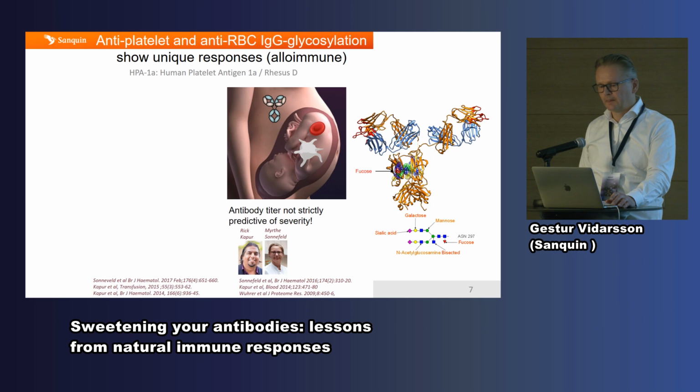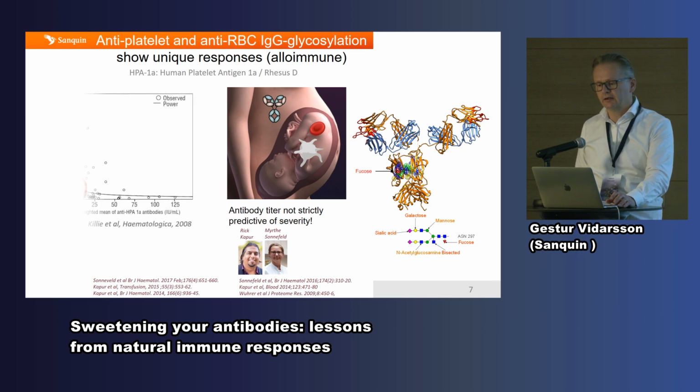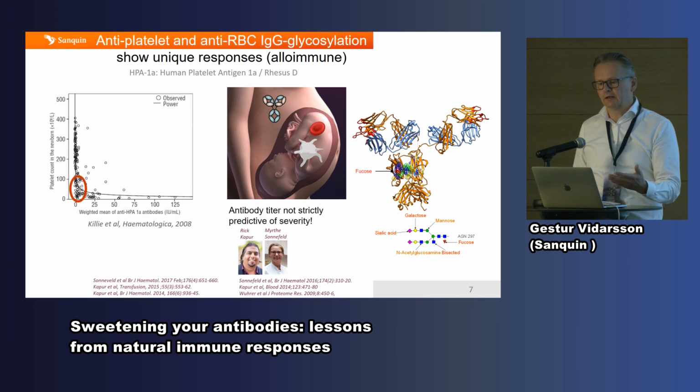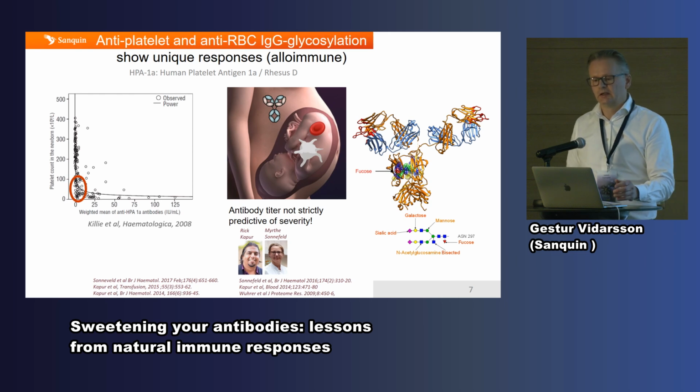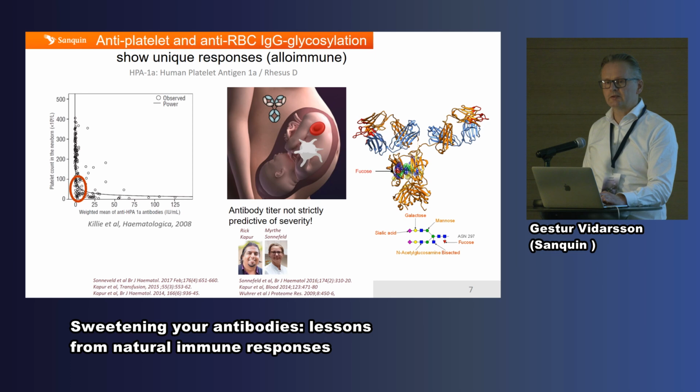So what we did, started I think almost 15 years ago, probably longer, was to look at alloimmune responses in pregnancy, where mothers make antibody responses to paternal antigens on cells of the fetus. Very often when these target red cells and platelets, they can result in serious life-threatening diseases of the fetus and the newborn. The antibody level, indicated here on the x-axis, is not indicative of severity, which here is the number of platelets found in the fetus.